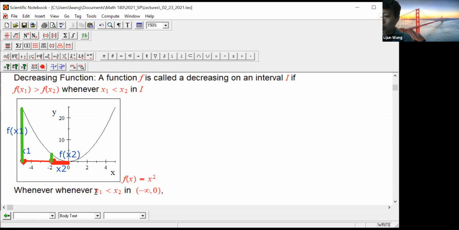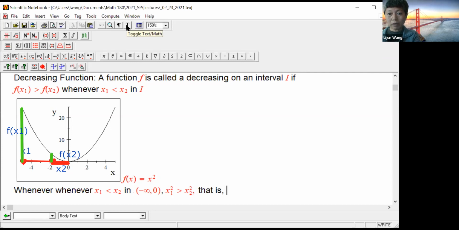Okay, so whenever we have this, I want you guys to digest this statement. F of x1 squared is larger than f of x2 squared. You have to judge this statement as true.